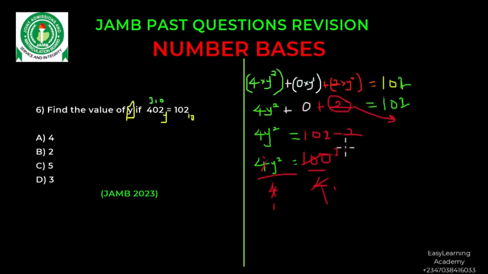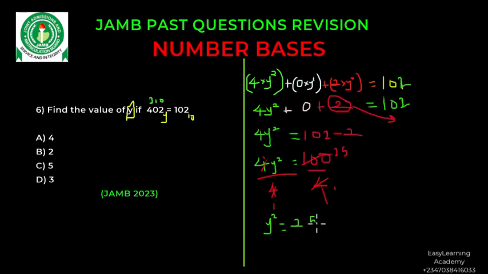So currently what we have now is y squared is equal to 25.